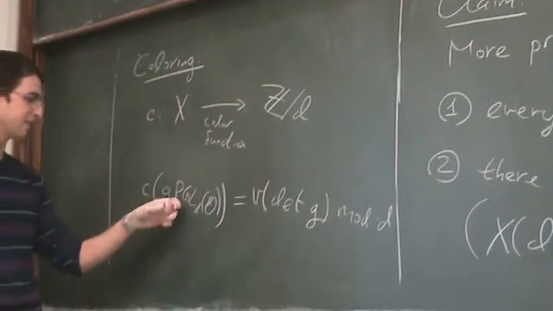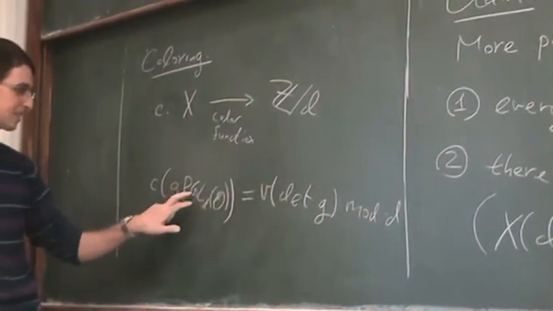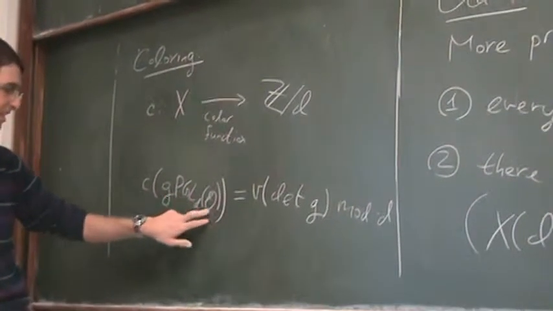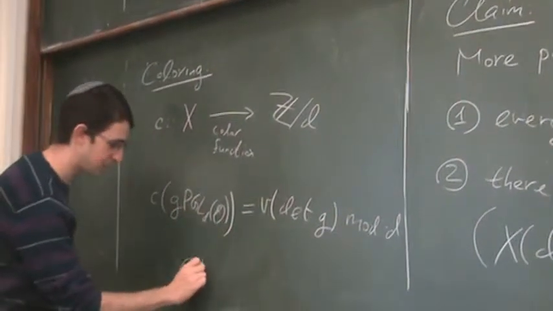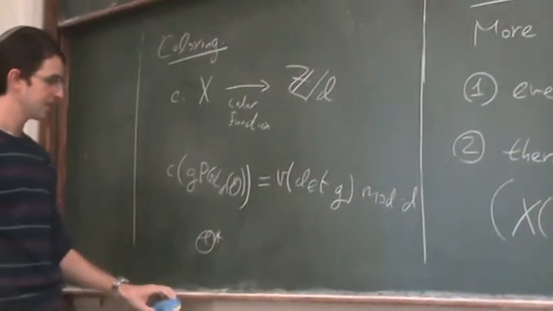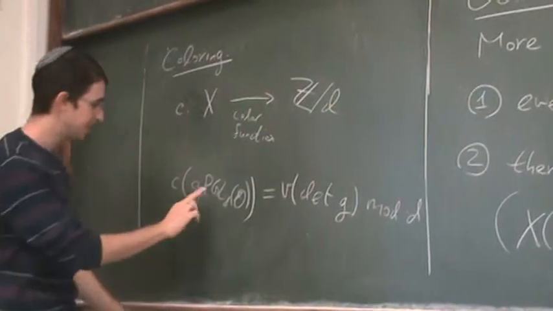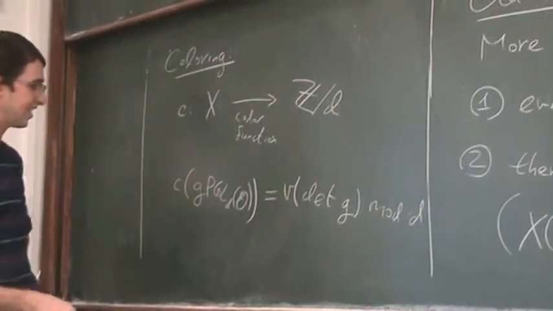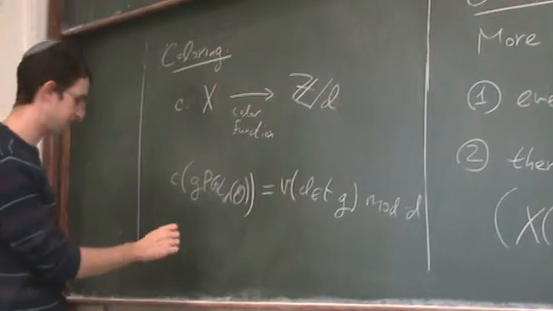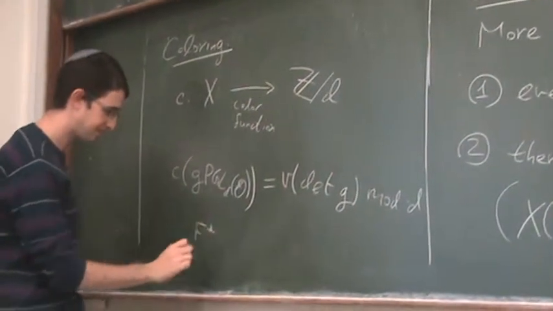So why is this well defined? Notice that the determinant of a matrix in GL_d(O) lives in O star, so the valuation does not affect it. However, in PGL_d, I have modded out by F star.